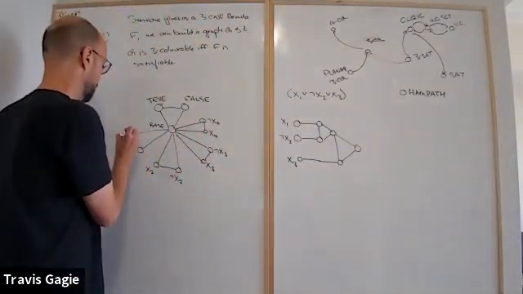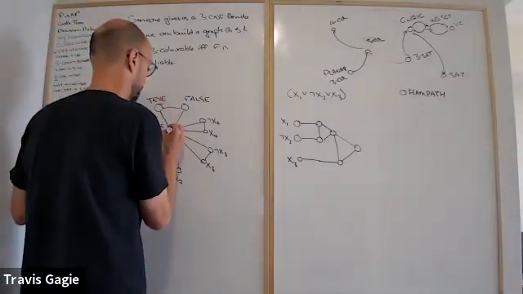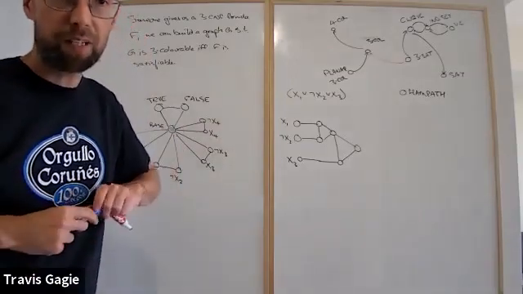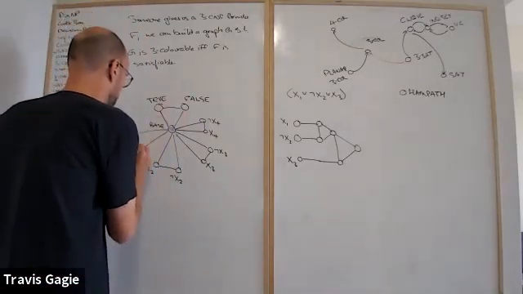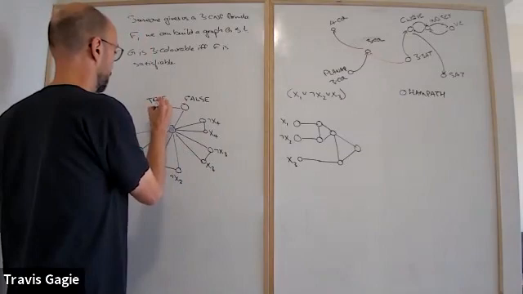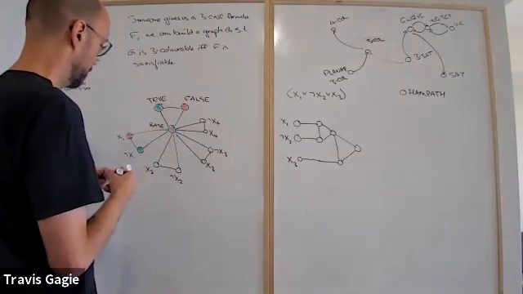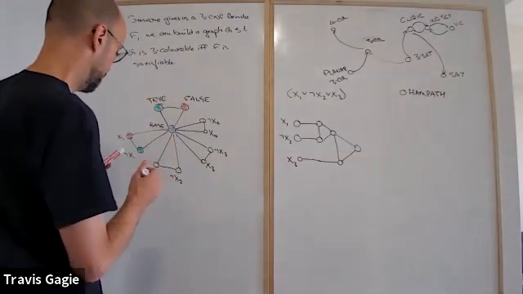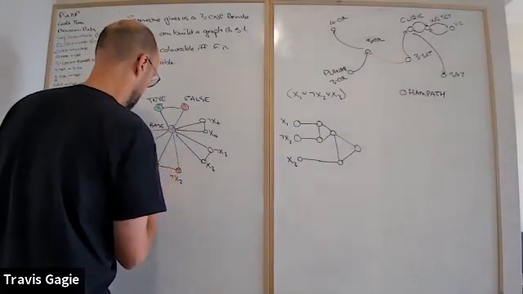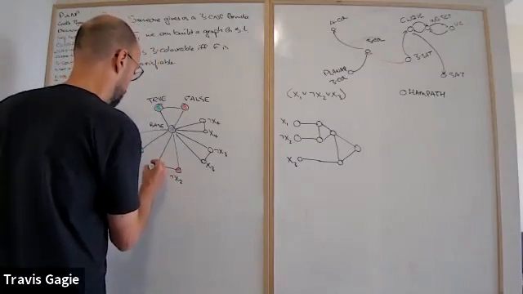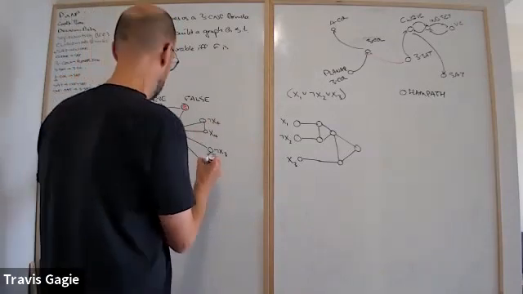So if x1 is red, then now we're going to say not x2 is also false, and x3 is false.